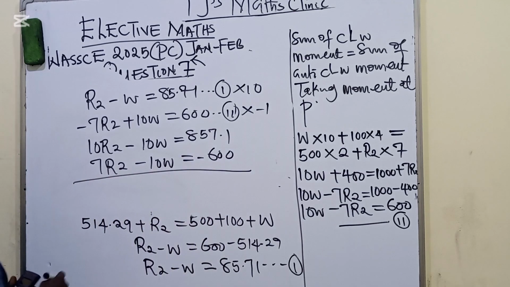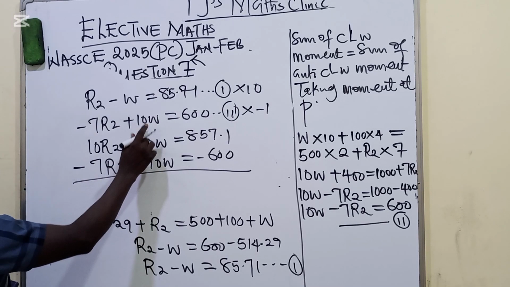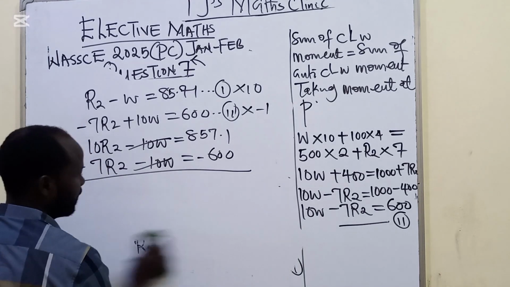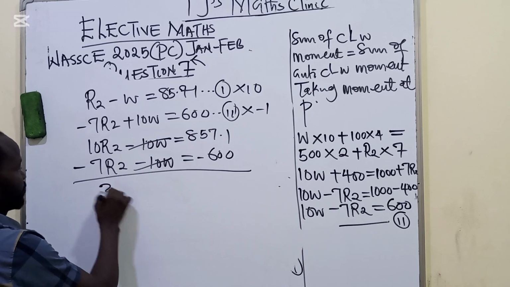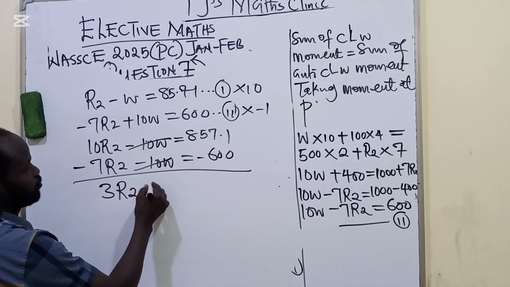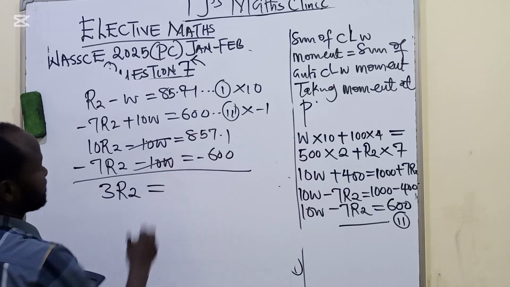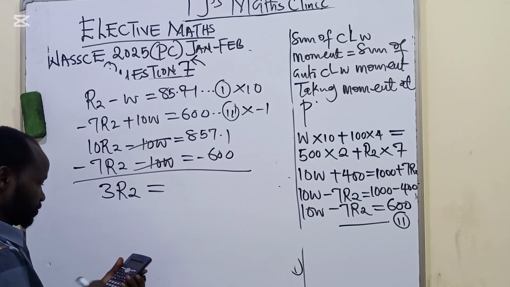So let's add. We are trying to eliminate W, so we minus so that W will go. Okay, this will go. Then 10R2 minus 7R2, that will be 3R2. 3R2 will be equal to 857.1 minus 600, that will be plus 600. Very important.